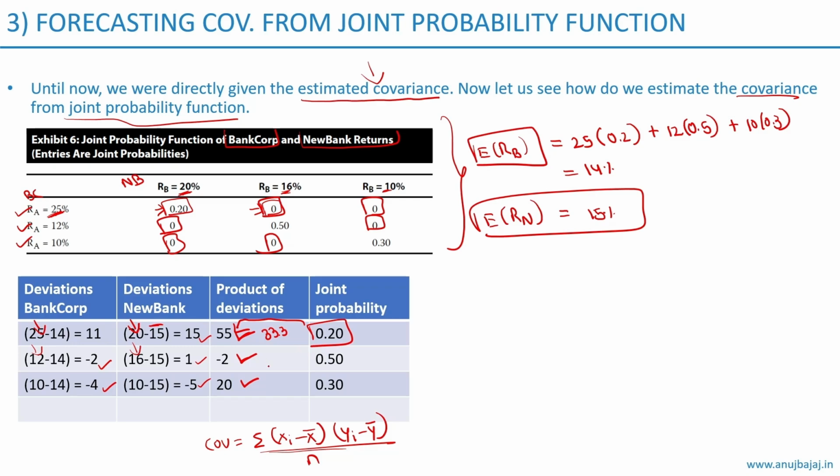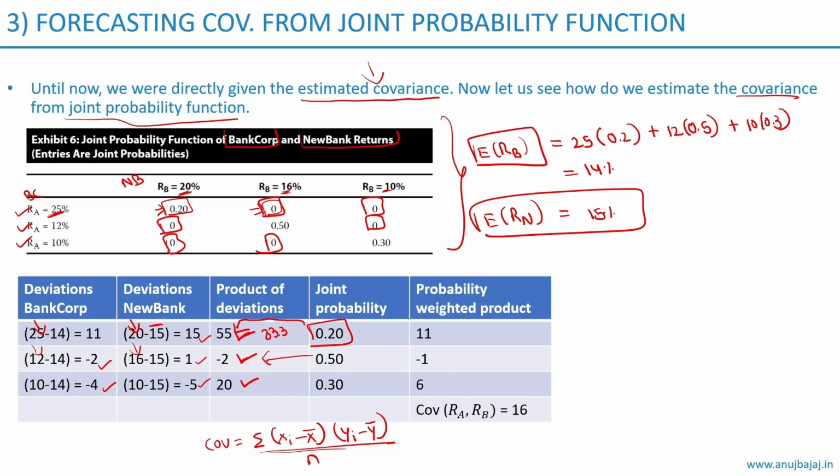So there is a 50% chance that the deviation could be -2. So we take the product of the deviation and the joint probability and we get the probability weighted product. So these are the three probability weighted products. We add them all and we get our covariance.